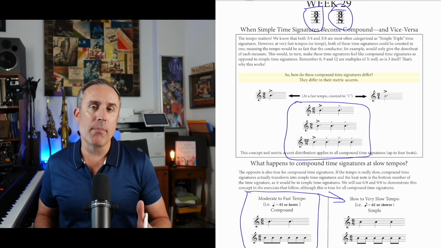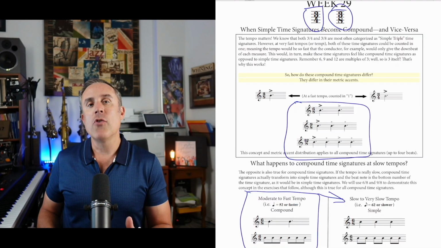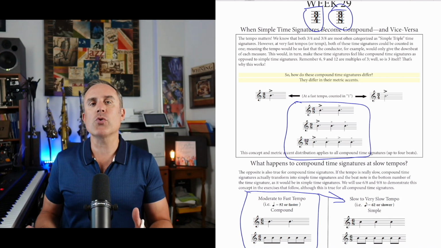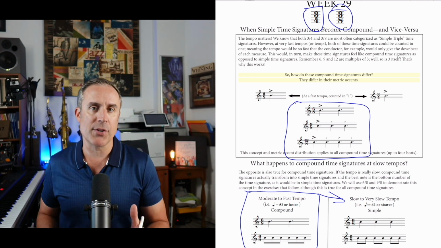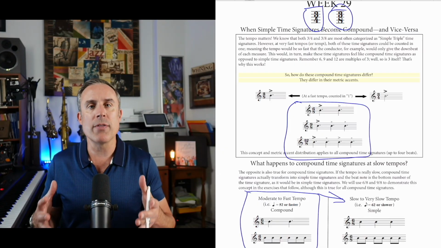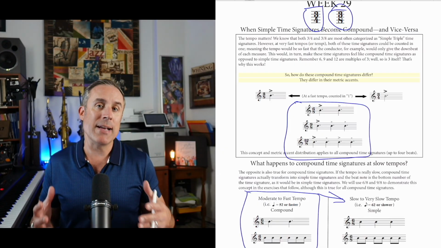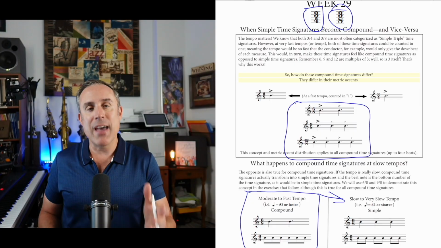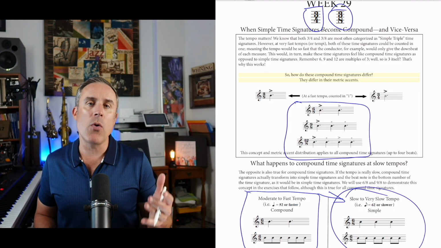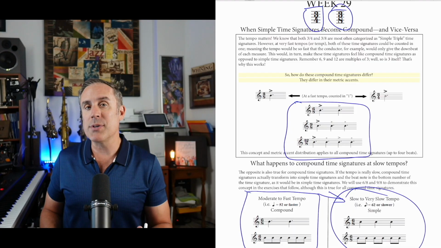Normally, the bottom number in a compound time signature represents the subdivision of the beat. However, when it transforms into a simple time signature, that bottom number now represents the beat note or the pulse as it would in a simple time signature. Therefore, this time signature right here, 6/8 at a slow or very slow tempo, will sound like this.